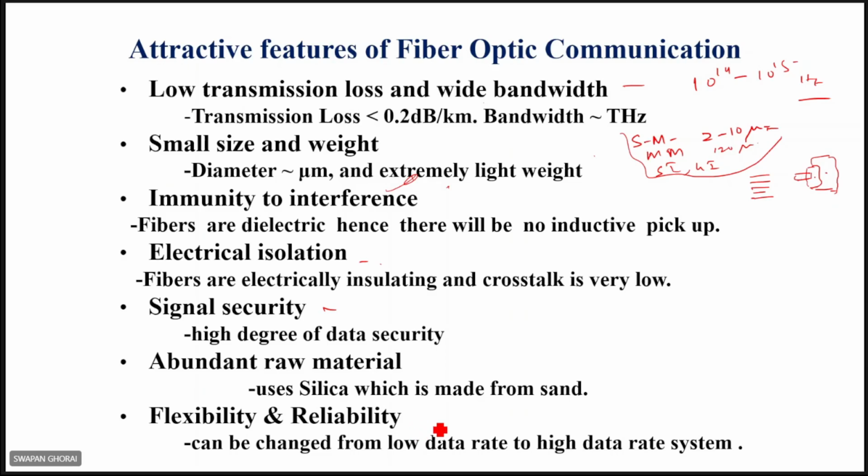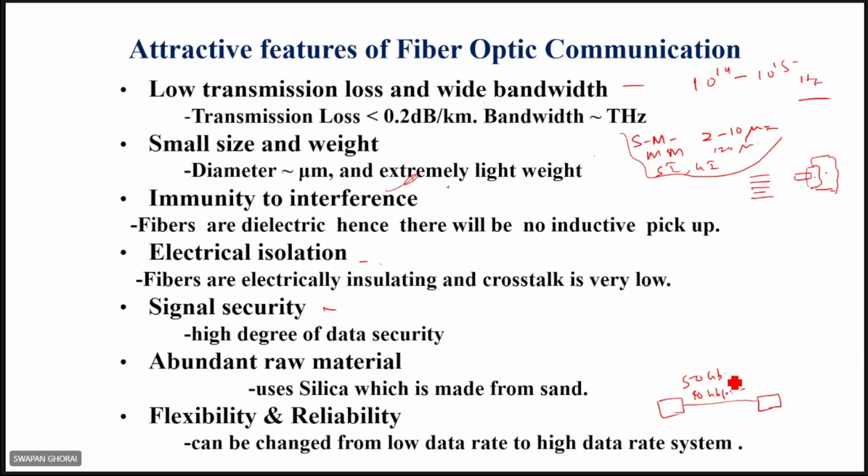You see here, a great deal of flexibility is there in fiber systems. Suppose you have implemented a fiber system initially for a 10 Gbps system, and then the requirement changes to, say, 50 Gbps.